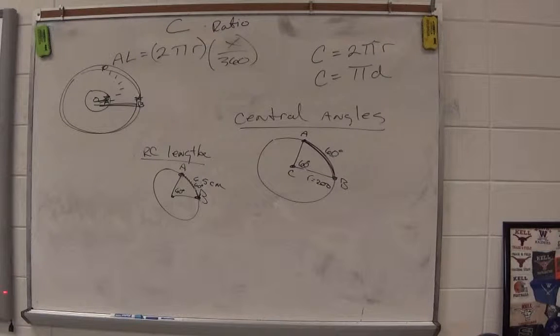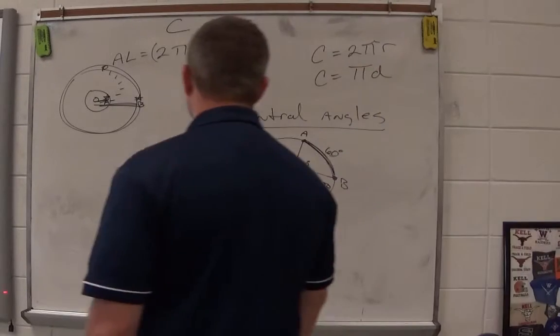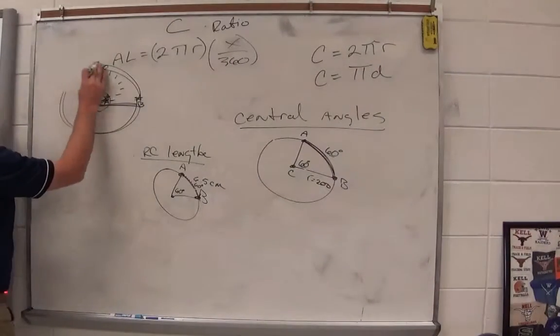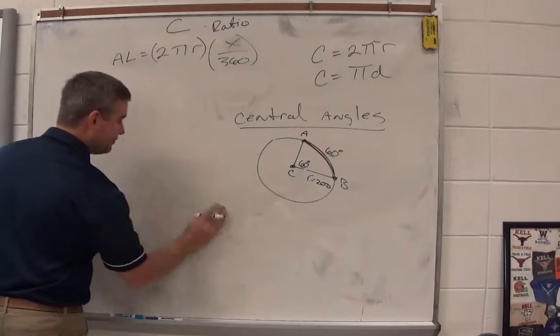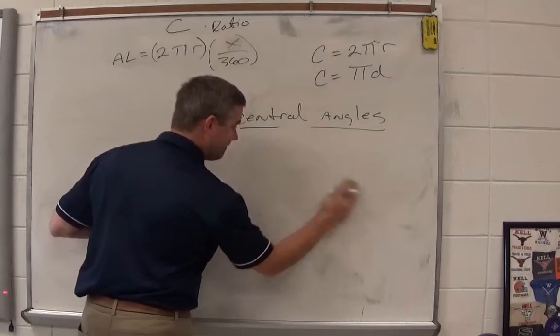On a track, lane 8 has to have a staggered start because it's much further out there. Why? Because the radius changed. Alright, so now that you're thoroughly confused, let's do a few problems.